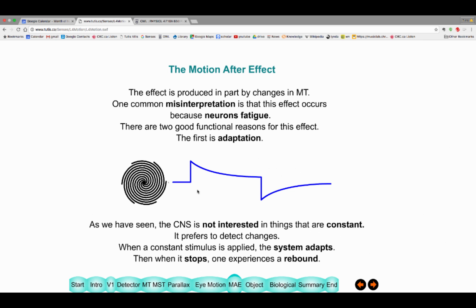One possibility is that the cells adapt. With time, the brain likes changes, so gradually things slow down and stop firing. Then when it stops, you sometimes sense motion in the opposite direction, and that's why you see the face coming towards you.